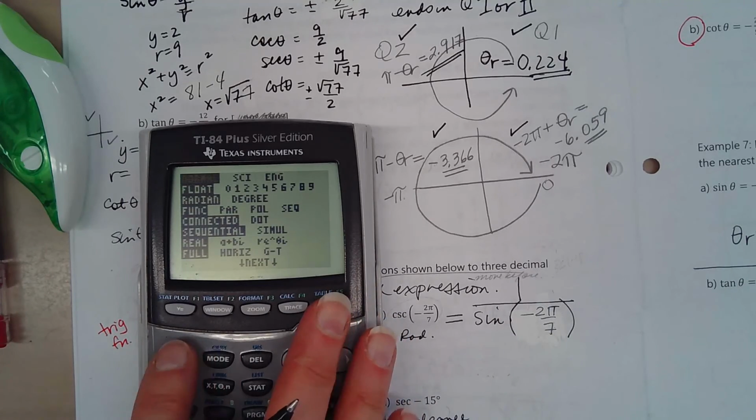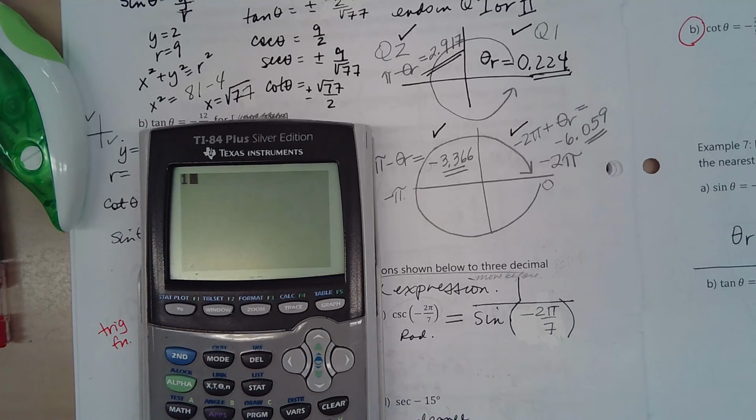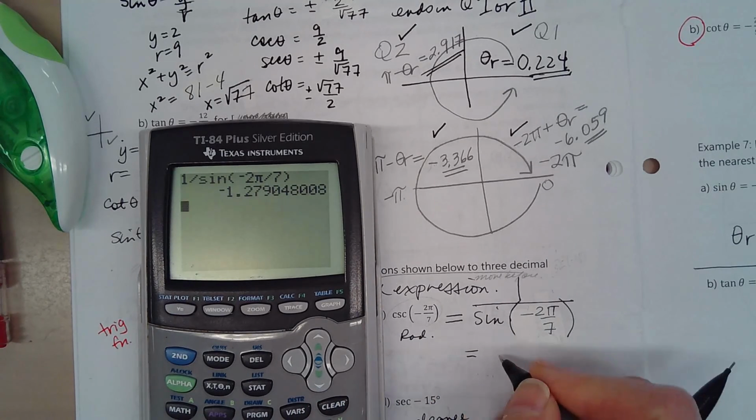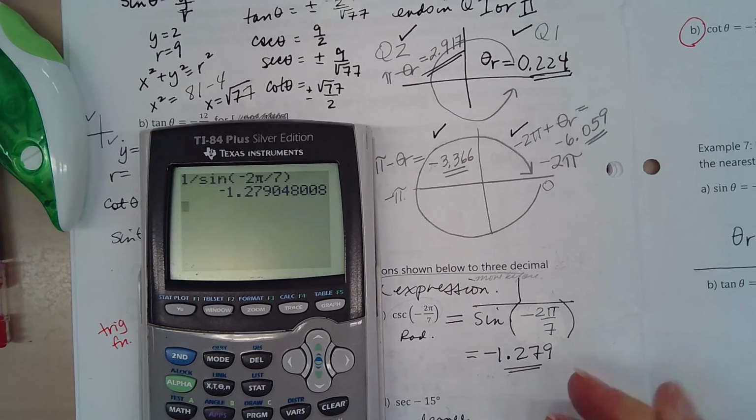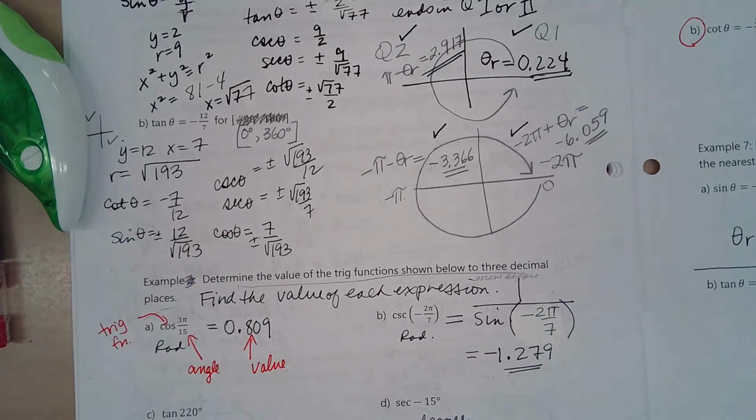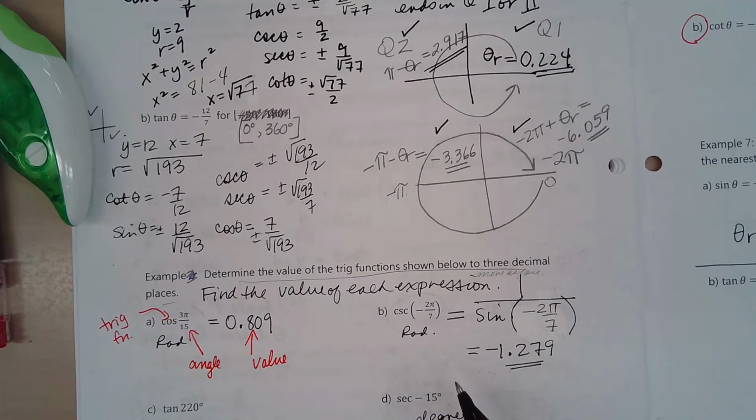Okay, so I'm in radian mode. 1 divided by sine, negative 2 pi, 7. And I get negative 1.279. Yeah, you have to use the angle you're given.